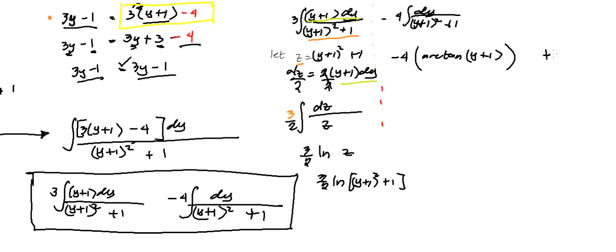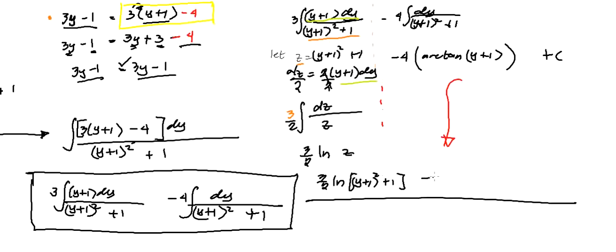Then our plus C. Overall we have 3/2 ln of (y plus 1) squared plus 1, minus 4 arctangent of (y plus 1), then plus C.